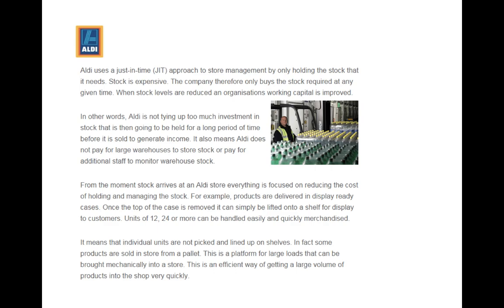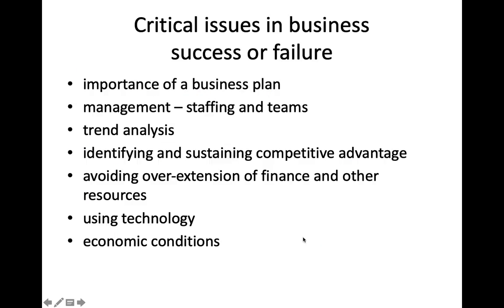Whereas Aldi uses minimal warehousing space, because the stock they're buying, being the water bottles in this picture, comes straight from the supplier to the warehouse just for splitting up into the various trucks, where it goes back out. So it's almost going straight from supplier to your retail floor. Therefore they need limited shelf space.